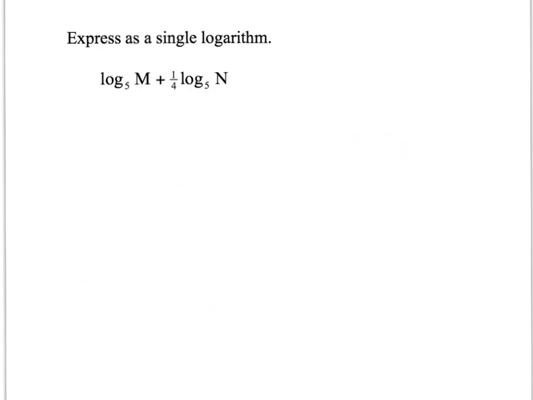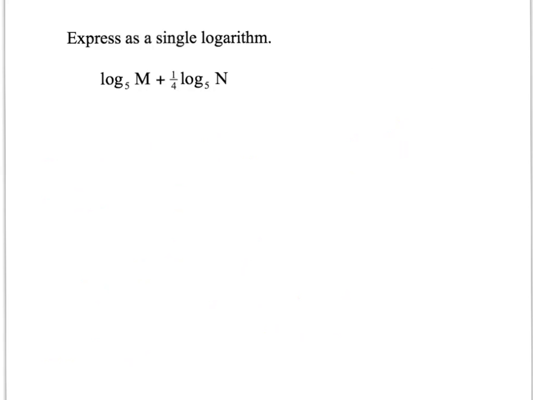Now we're going to be looking at some examples of condensing logarithms. We're going to take a sum of logarithms and we're going to express it as a single logarithm. I'm looking at log base 5 of m plus 1/4 log base 5 of n.